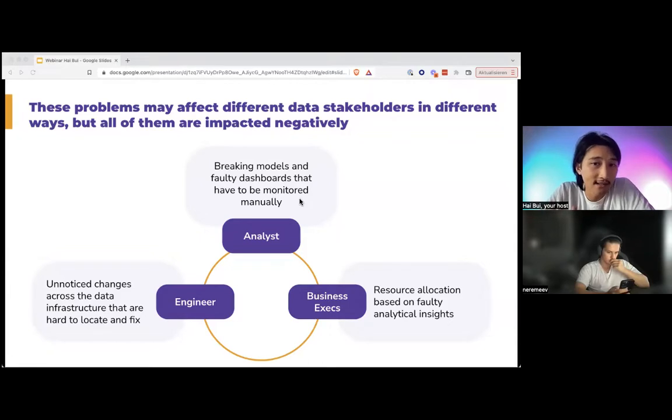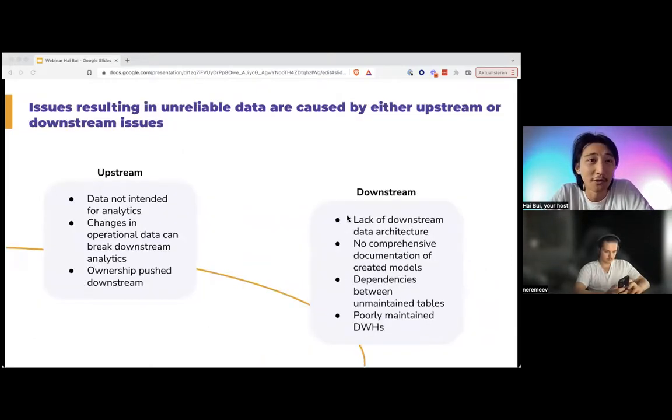And as a data analyst, when your data stack is small, your hacky solutions might work, but you cannot monitor hundreds of tables manually. So at some point in your data journey, data testing will become a big enough issue that you want to deal with it.